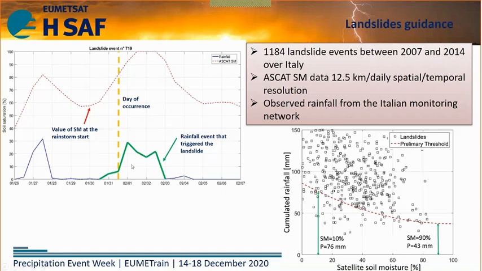In this way, we are able to define for each analyzed landslide these satellite soil moisture and cumulative rainfall couples to fill this graph, and we are able to define a preliminary rainfall threshold, in which we can see that drier conditions required a larger amount of rainfall with respect to wetter conditions to trigger a landslide.